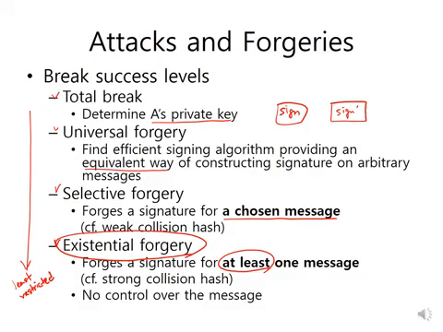We should consider the existential forgery attacker. So in order to increase the power of the adversary, we can consider adaptive chosen message attacker against existential forgery attack. So this is the attack and forgery issues in the digital signatures.